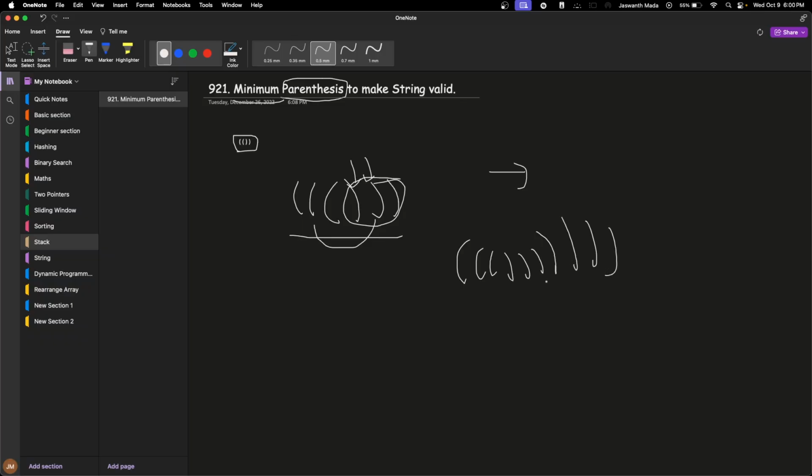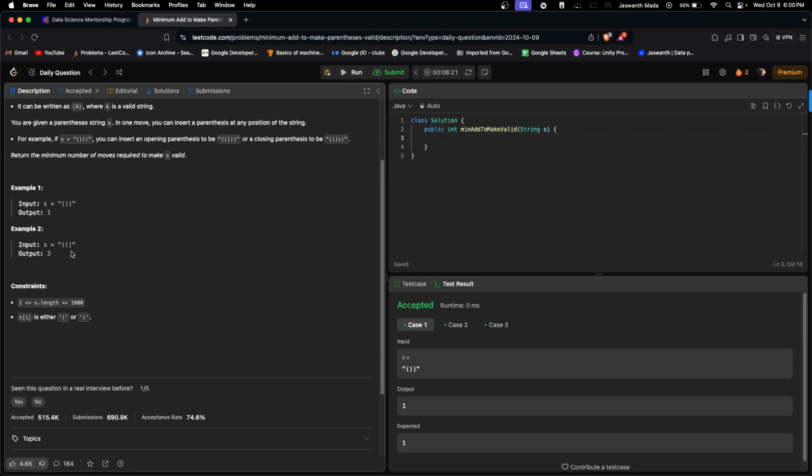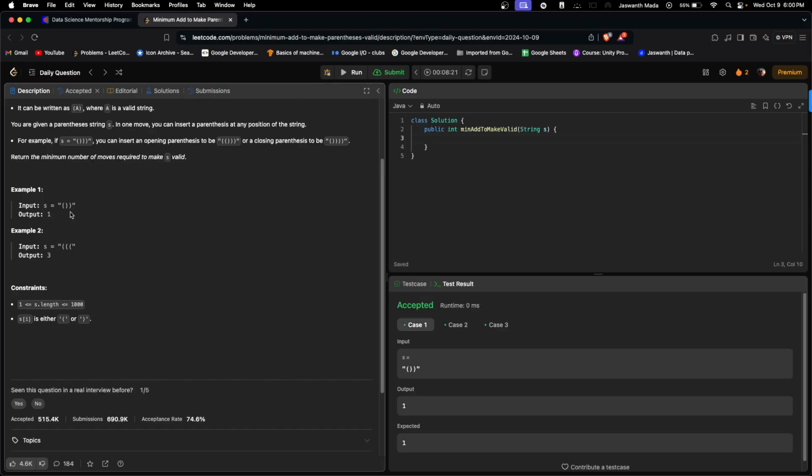We can also add more, and we can also add these on the other side, but we need to return the minimum number of parentheses that we need to add in order to make the string valid. So let's try to understand with the help of some examples.